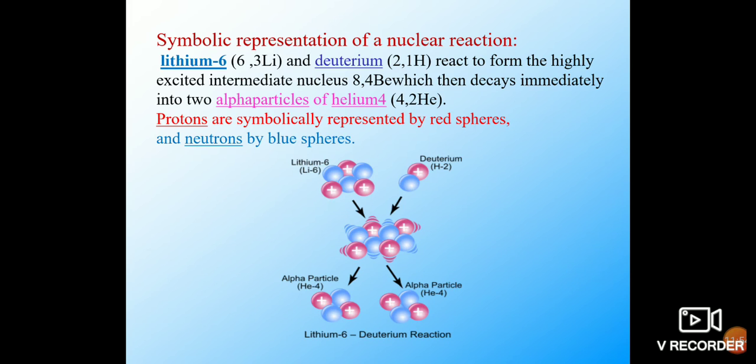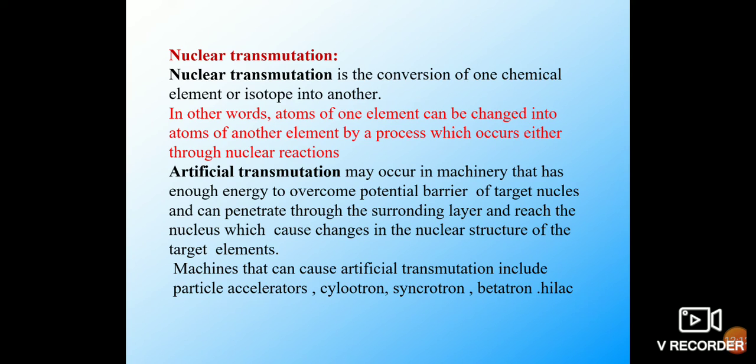Okay, this is the symbolic representation of a nuclear reaction. Here 3Li6, a lithium particle, is bombarded with a deuteron 1H2. You will get two alpha particles, that is 2He4. Okay, so in this way nuclear reactions are explained.